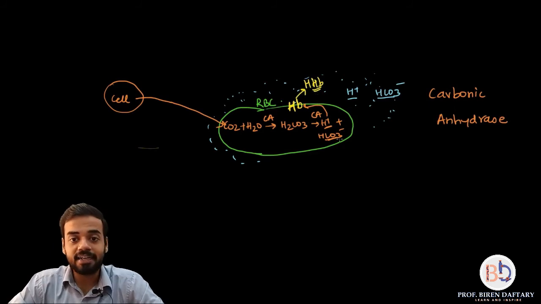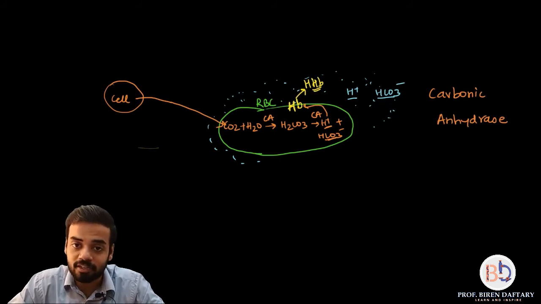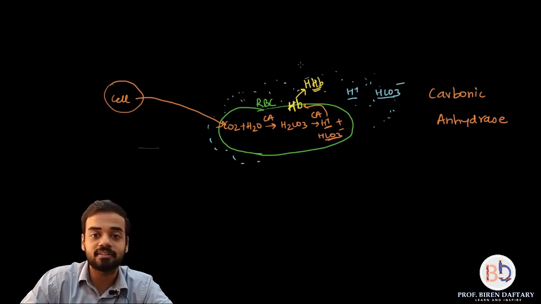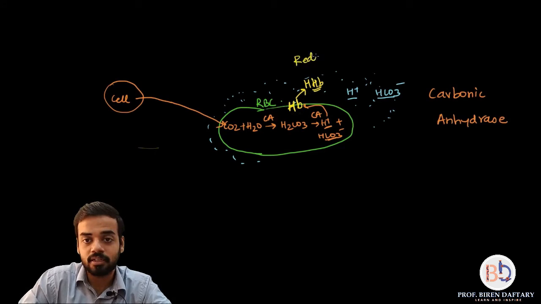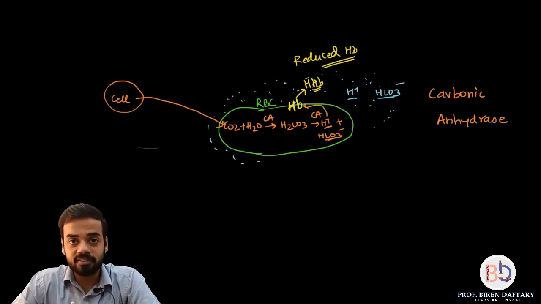So the additional hydrogen ions produced over here do not diffuse out. Instead, they combine with the hemoglobin of that RBC to form HHb, and this compound is called reduced hemoglobin. Okay, so H plus is taken care of.